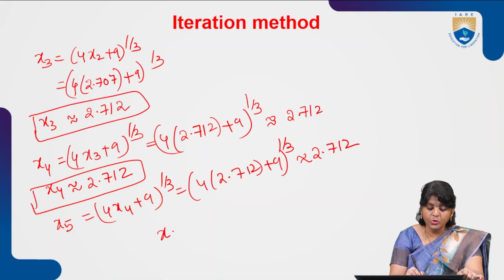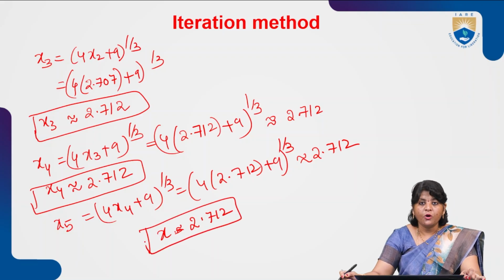Now we can conclude that the root value of the given function is approximately 2.712. So in this way you will find out the root of the given polynomial function.